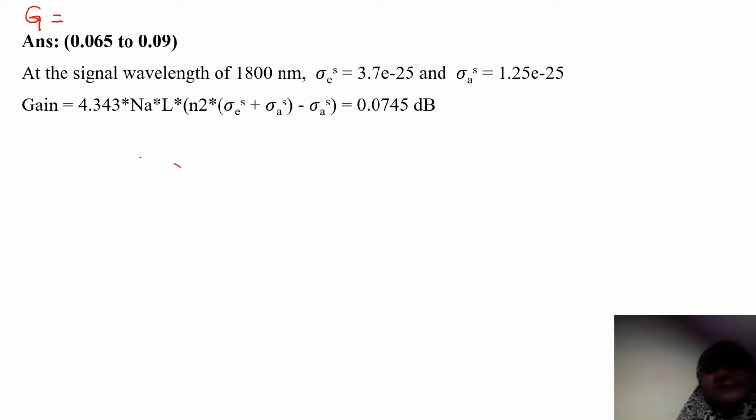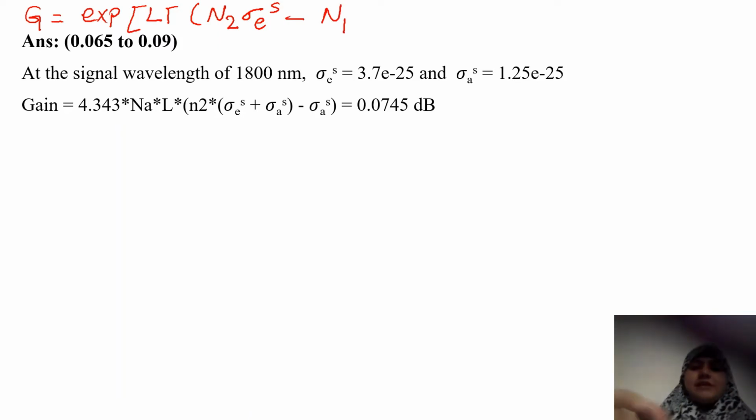It is equal to the exponential of the length of the fiber, times the pump signal overlap, which is lambda, times the number of atoms in the excited state, which is N2, times the emission cross section, which is already found from the graph, minus the number of atoms in the ground state times the absorption cross section. All right, so here, what information don't we have?